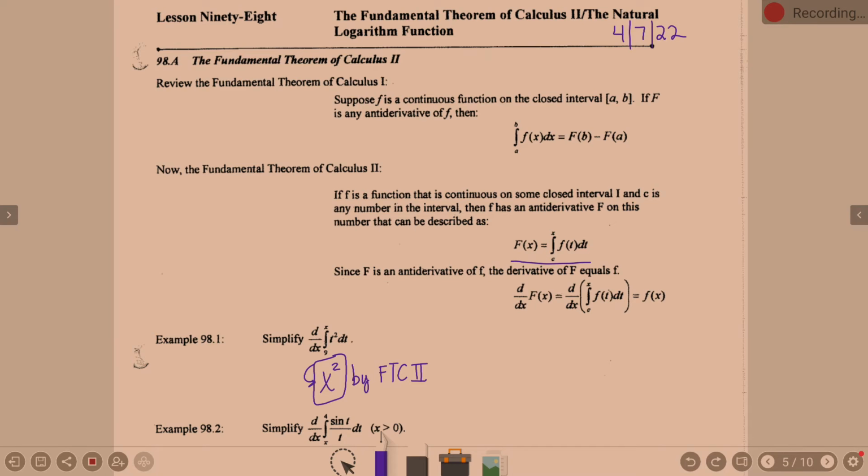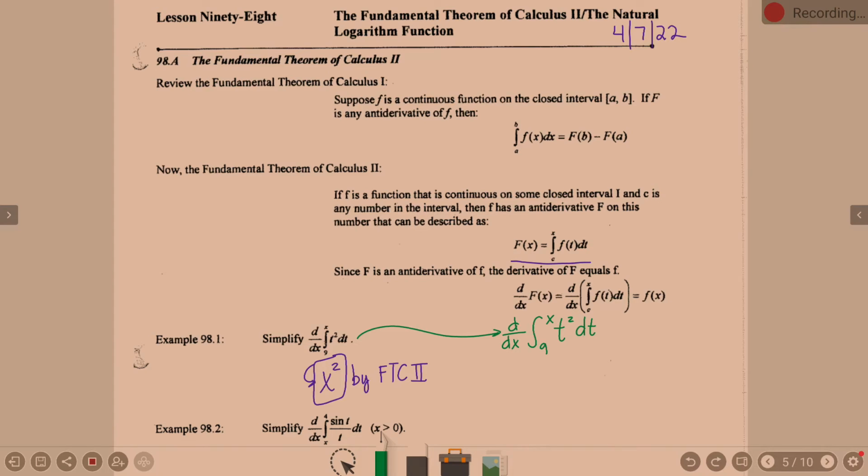Now, let me prove to you it is really just x squared. So, the derivative of the integral from 9 to x of t squared dt. We're going to do this the long way now.